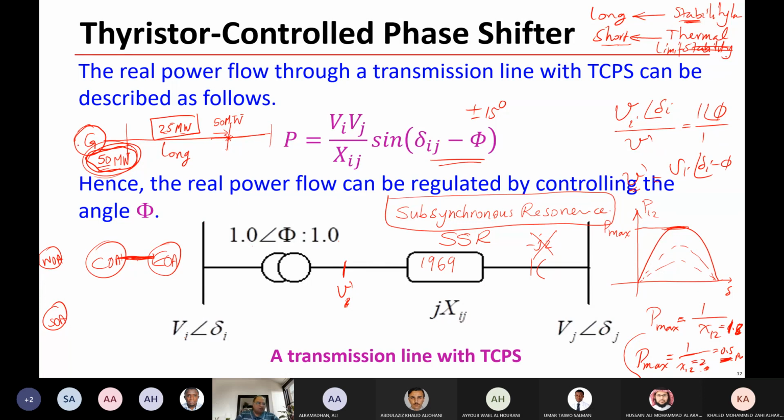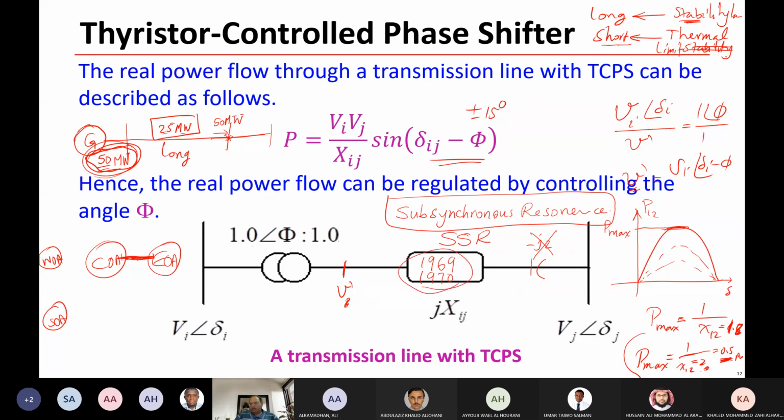And it happened that the shaft of the turbine of this generation plant was damaged. And they didn't know the reason for this. So they reinstalled it, and in the second year, 1970, it happened again.